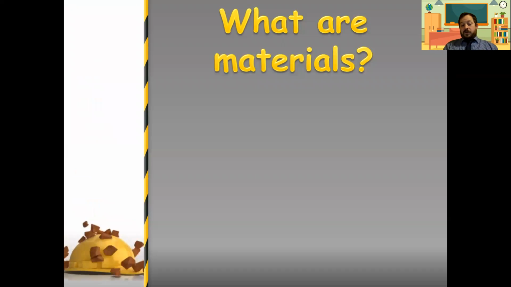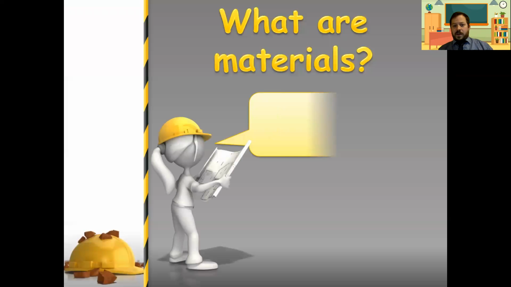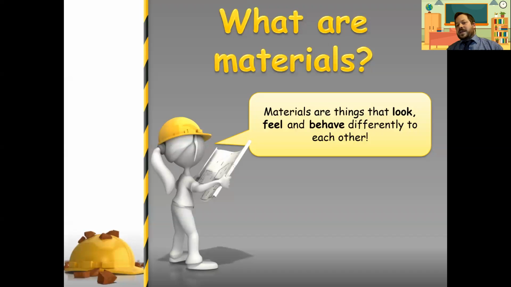So what are materials themselves? Materials are things that look and feel, behave differently to each other. So different materials that you may have around the house quite often look different, or feel different, or do a different job, and that's why they're different materials. Some of them are very similar.